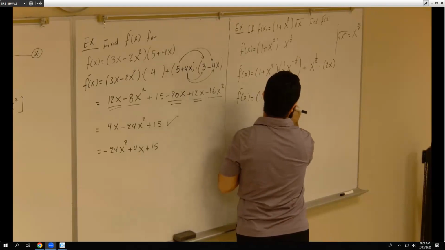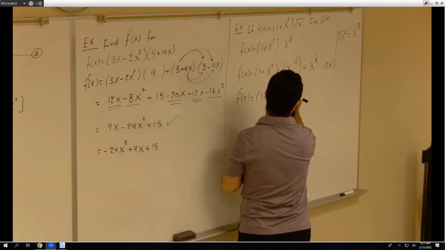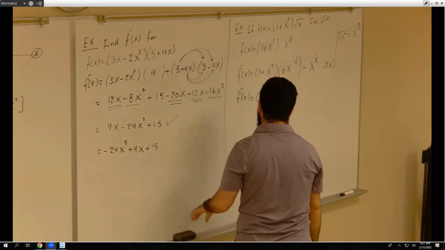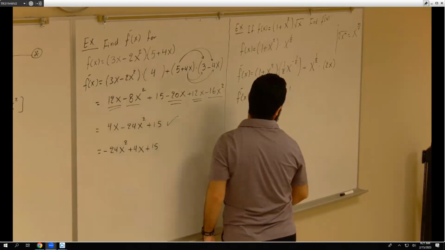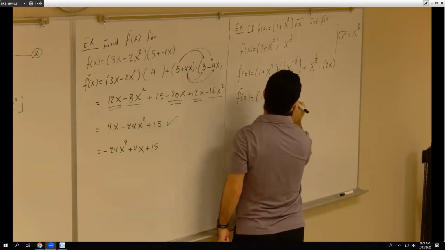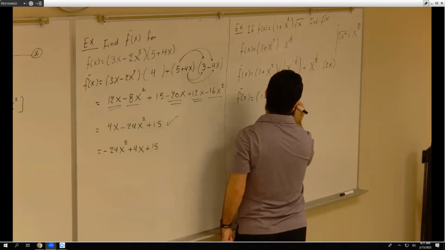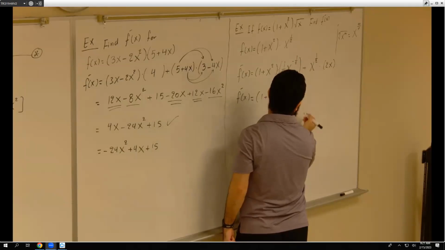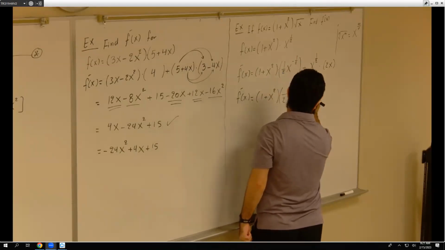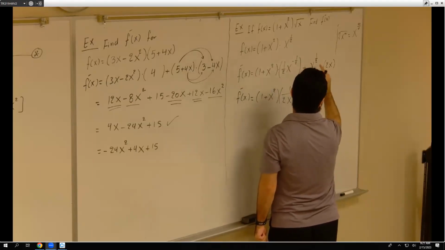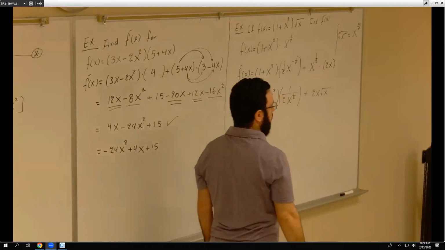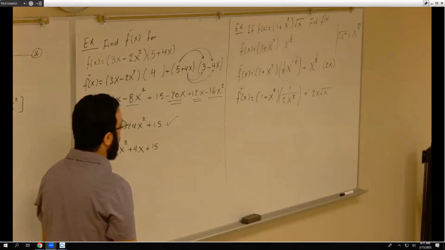So this side is going to be 1 over 2, and here is x to the positive exponent, plus, on this side here, is 2x. x to the 1 over 2 is the same thing as square root of x. We'll keep going and simplify it more.